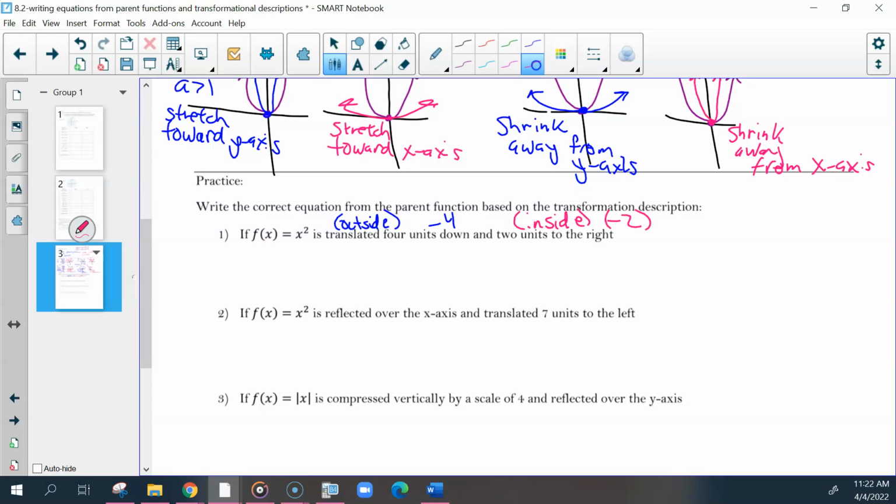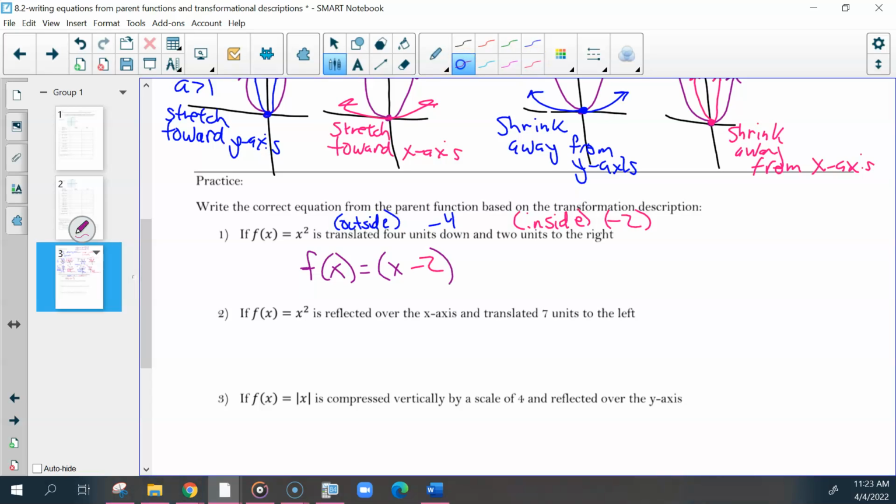But on the inside. So now that we have all of our transformations and we know how we're going to write them, now we can put those together. So we're going to have our original parent function, f of x. Anything on the inside is going to go in parentheses. So we're going to have this transformation inside, x -2.